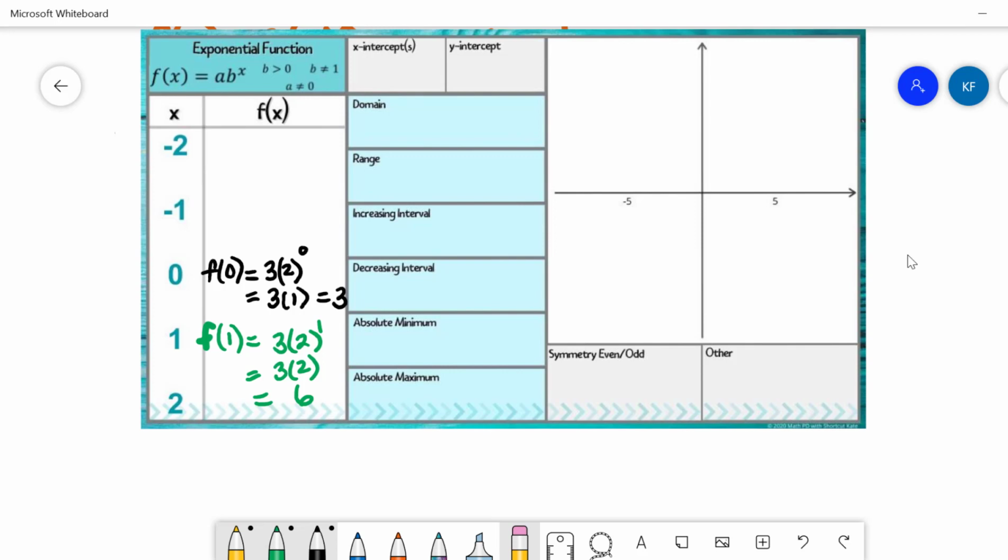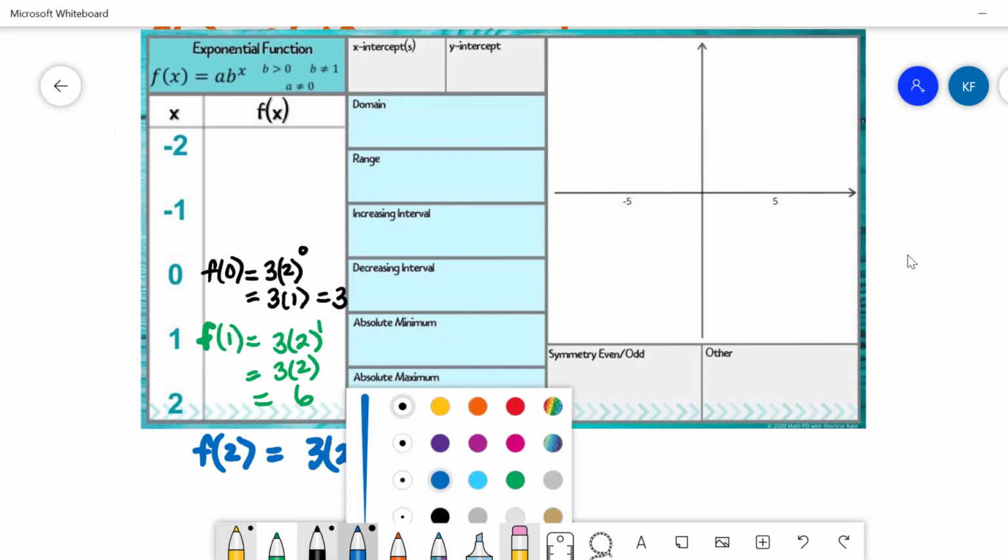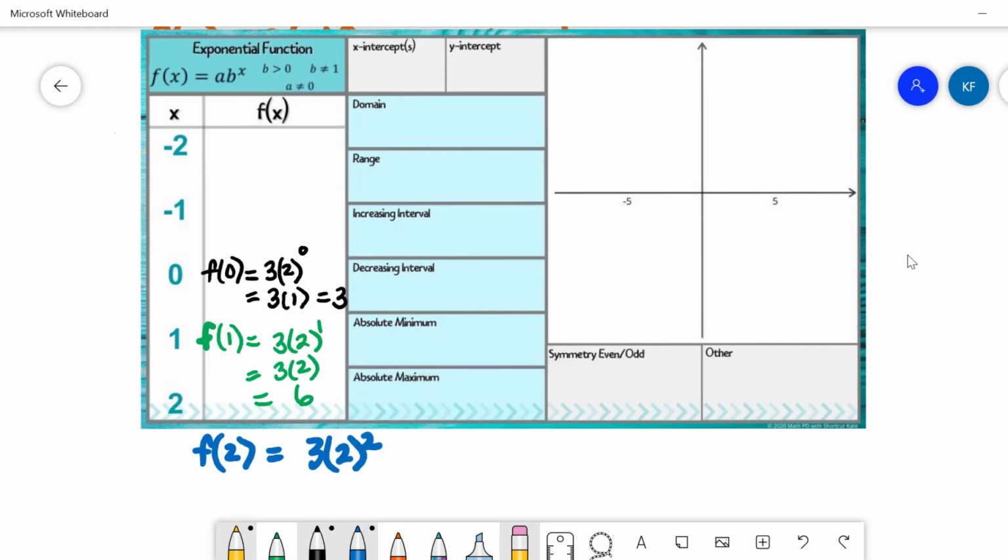The next value we're looking at is 2. So f(2) is equal to 3 times 2 to the power 2. Remember, you do the exponents first. This is the same thing as saying 2 times 2, and then of course you're multiplying by 3. So it's 3 times 4, which is 12.